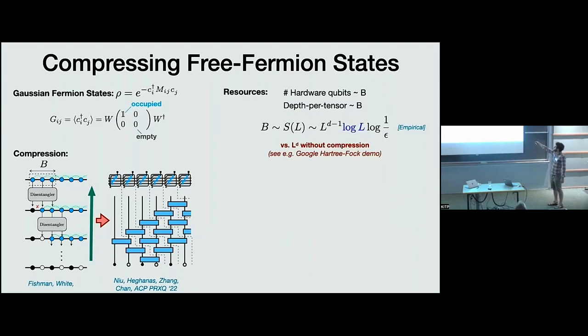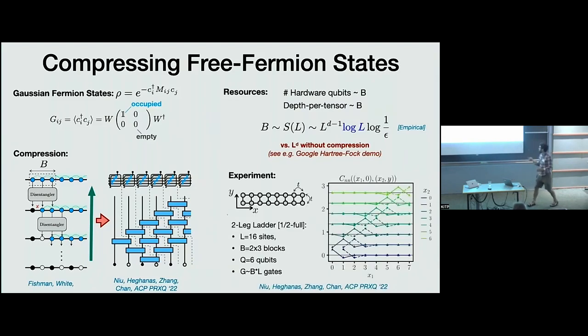So it goes as the area in d dimensions. If you have a Fermi surface, there's a log violation of this, and it seems to be logarithmic in 1 over the error that you're trying to hit. So this is an approximate representation of the state. If you want infidelity to be order epsilon, it's only a log overhead cost to hit that.